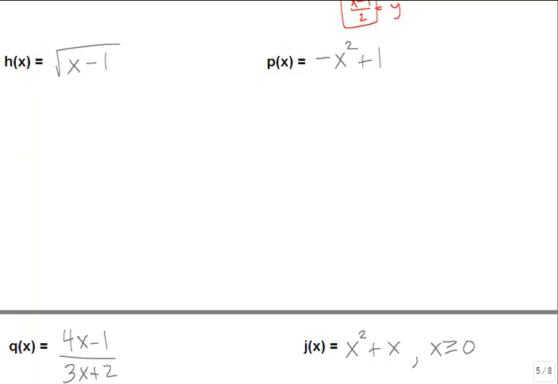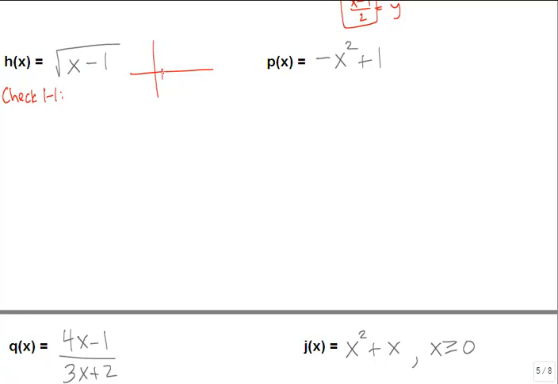So this one we have h of x equals square root of x minus 1. So first we want to check to see is it one-to-one or not, and I'm going to do that by graphing it. This is a square root graph, and we have a -1 inside of the square root next to that x, that's a horizontal shift, and horizontal shifts go backwards from what you would expect, so a -1 means we're actually going to go to the right one.